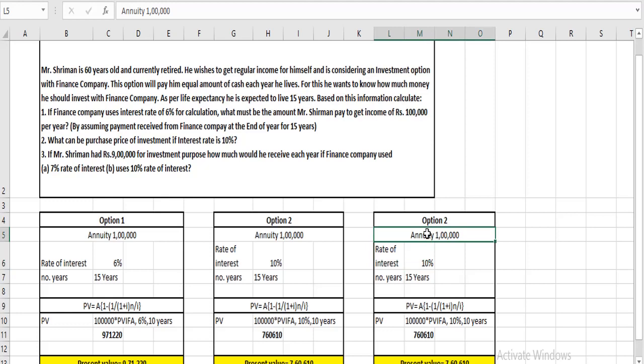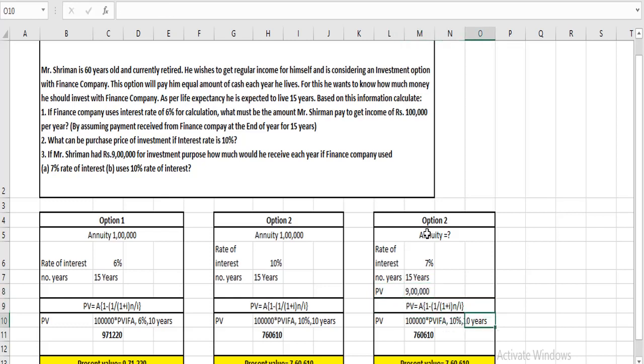In this question our job is to find the annuity, so the annuity is the question mark. The rate of interest, first we assume, is 7%, the number of years is 15, and the present value which Mr. Shriman is depositing is 9 lakh.